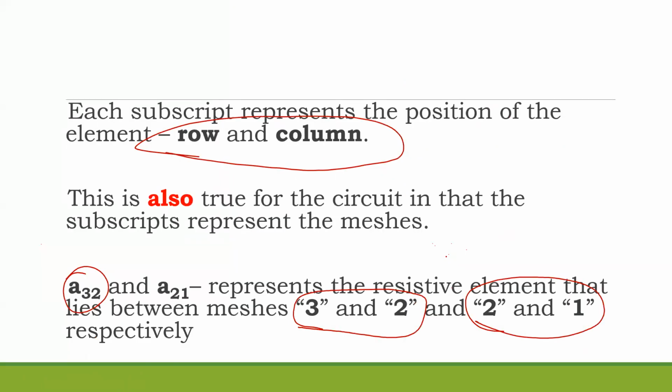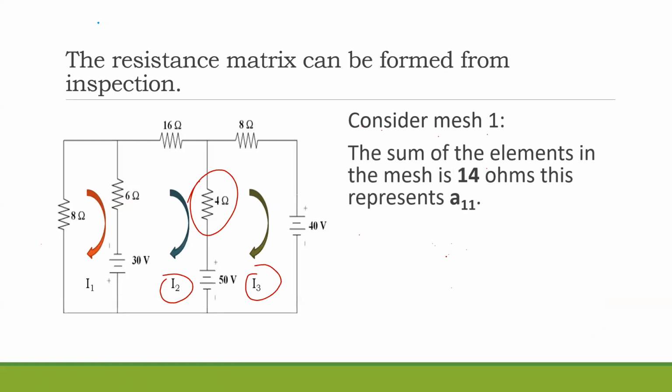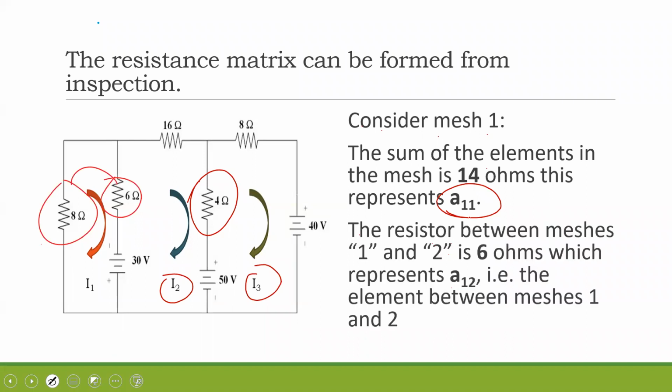So we have spoken about the off-diagonal elements, but there are some other elements there, for example A11, row 1, column 1. What that represents is all the elements in mesh 1. What are the elements in mesh 1? 8 and 6, and that gives us 14.